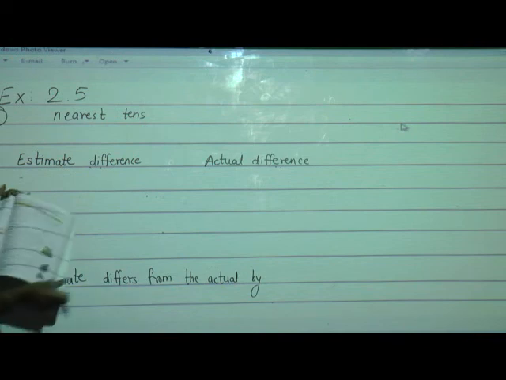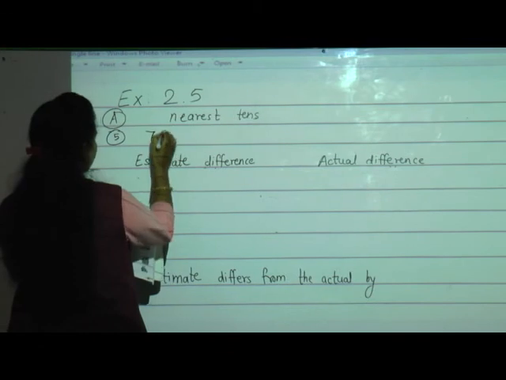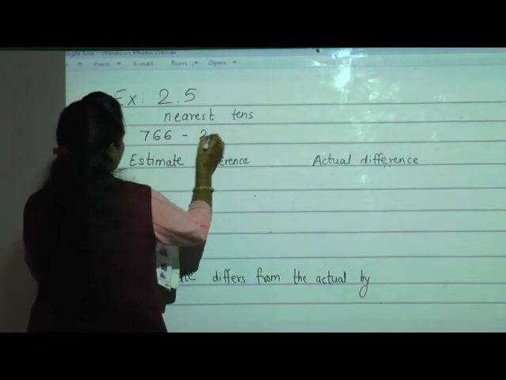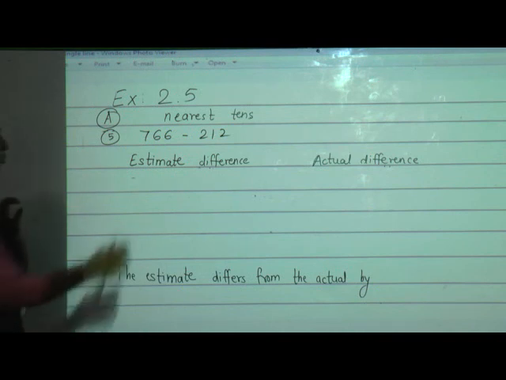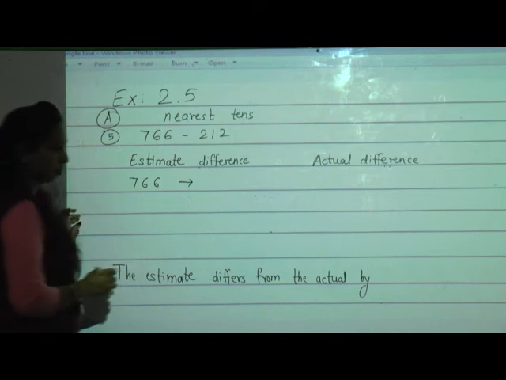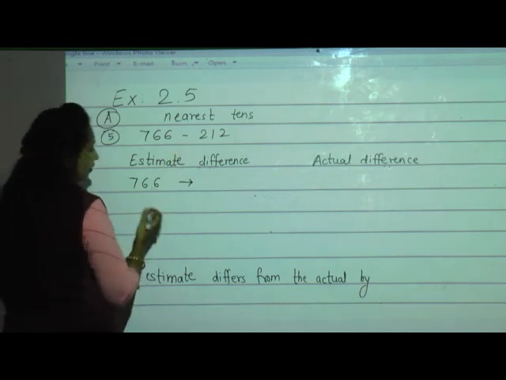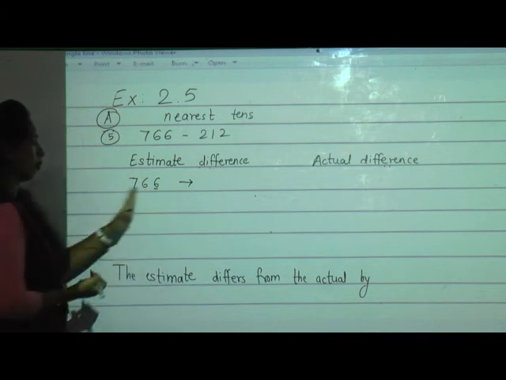We will solve now the fifth one. What is the fifth one? 766 minus 212. Okay, this is the number. So write the number and find out the rounding to the nearest tens. Whenever you are rounding off to the nearest tens, underline the ones place. See what is there.